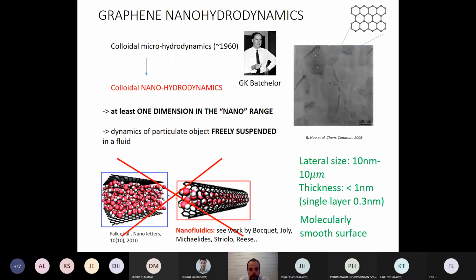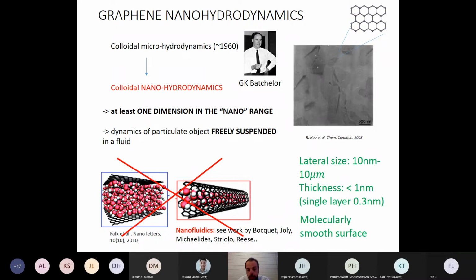So I consider colloidal nanohydrodynamics as the modern evolution of colloidal microhydrodynamics when we deal with objects that are nanoscopic, at least in one dimension. Importantly, I consider colloidal nanohydrodynamics as distinct from what people call nanofluidics, which is an evolution of the field of microfluidics, because we are talking about objects that are suspended in the fluid.